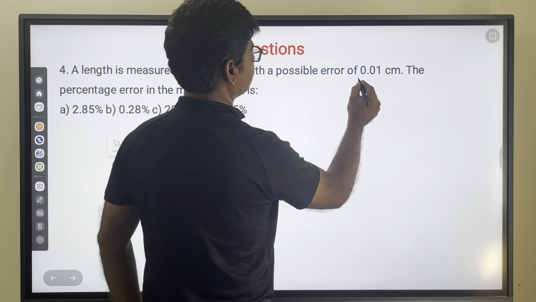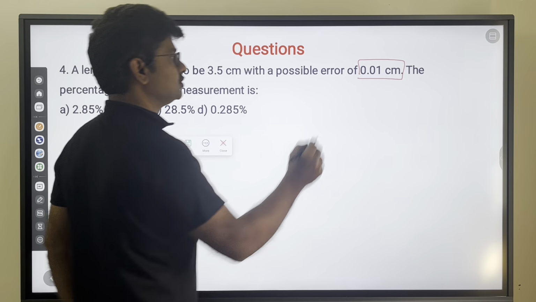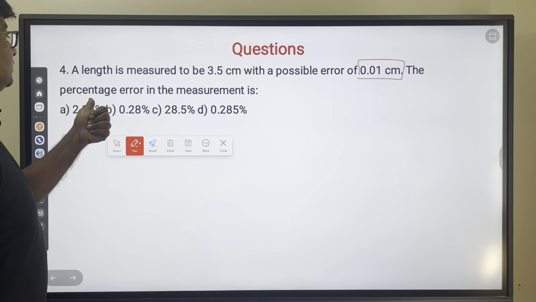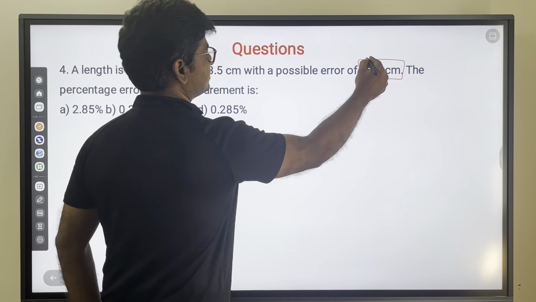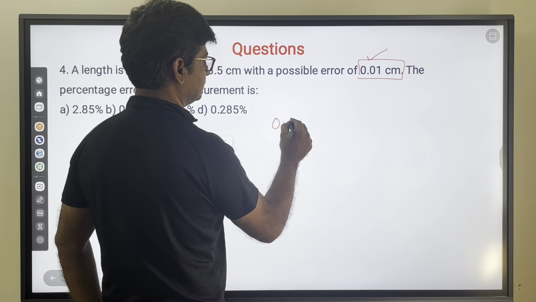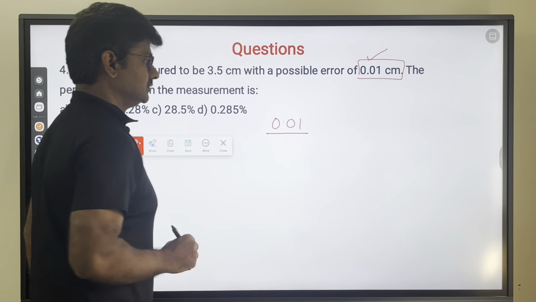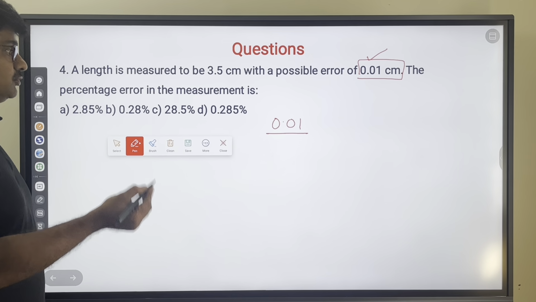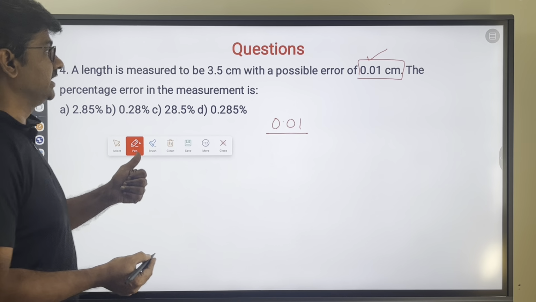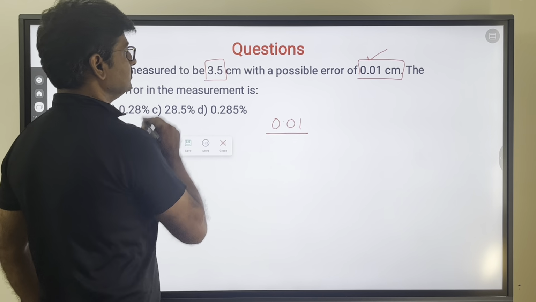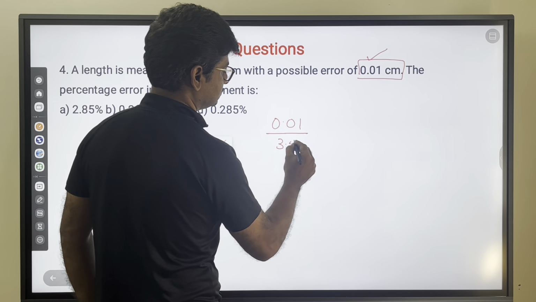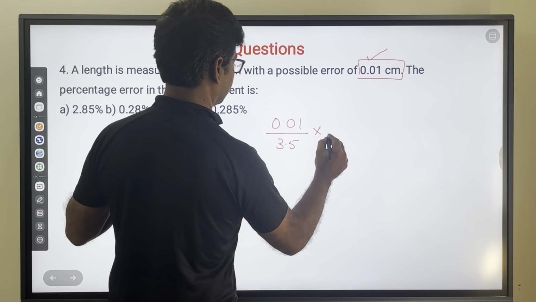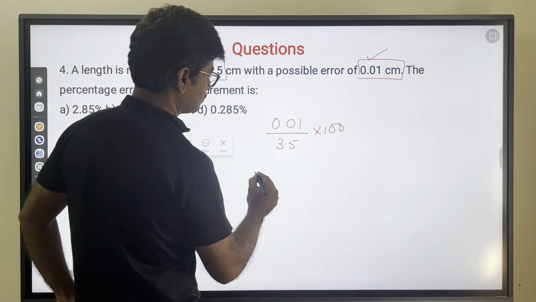Error is 0.01 centimeters. The percentage error, so very simple now. This is the absolute error. How to find the percentage? Relative error first: absolute error by the actual value, into 100. This is the percentage.